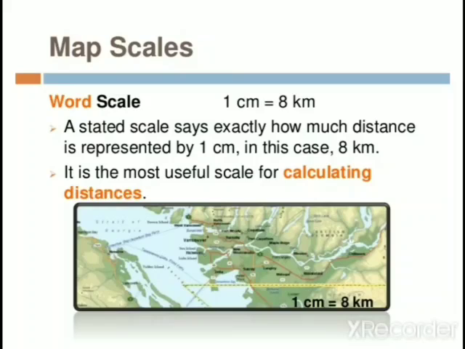A stated scale says exactly how much distance is represented by 1 centimeter, in this case 8 kilometer. So 1 centimeter is equal to 8 kilometer on the actual ground. It is the most useful scale for calculating distance.